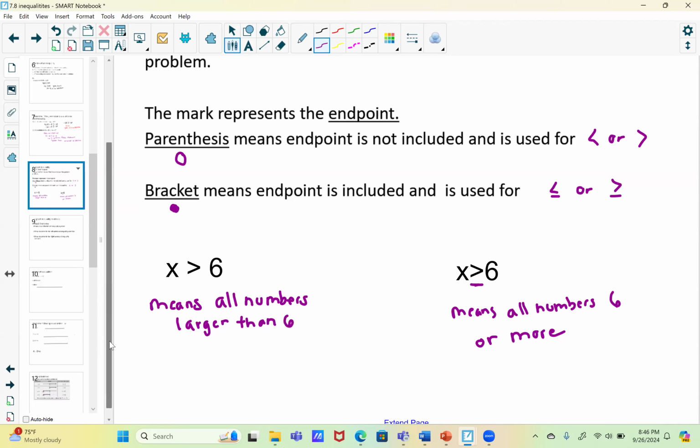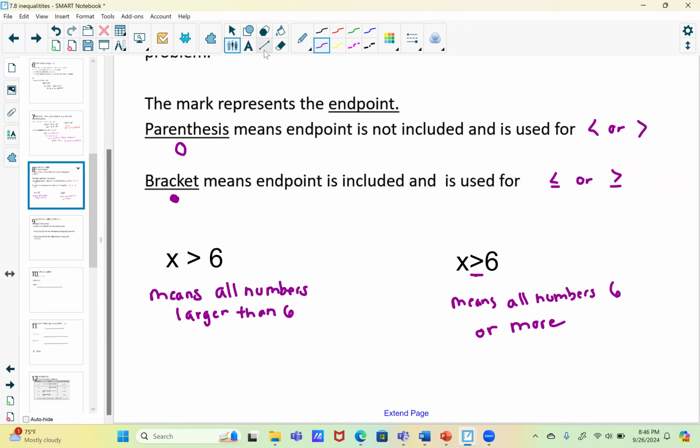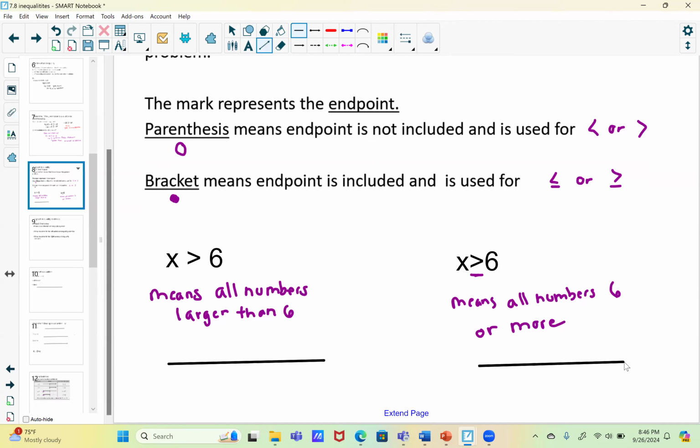So what we will do is we'll draw a number line. We will mark it with our numbers. I'm going to start with 0 because I need to get up to 6.